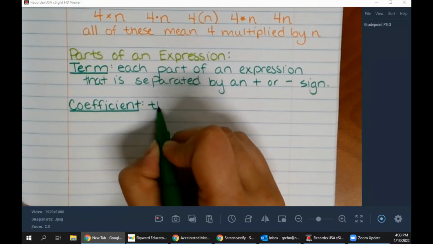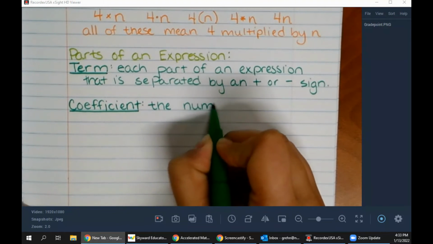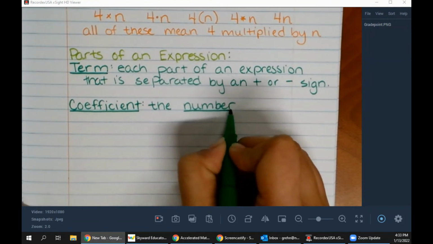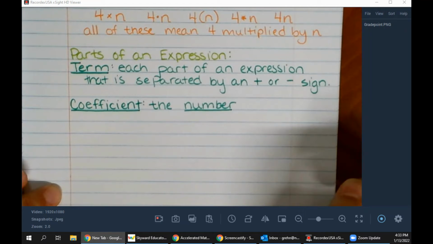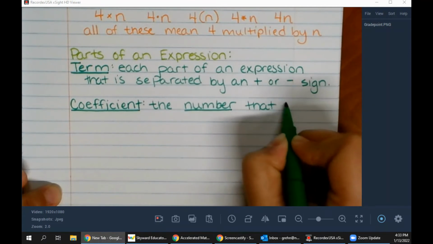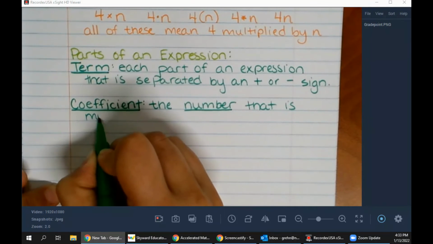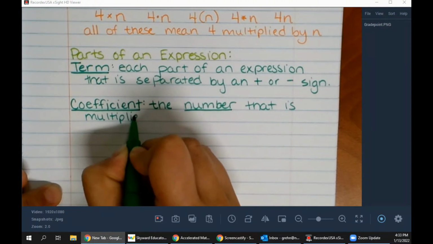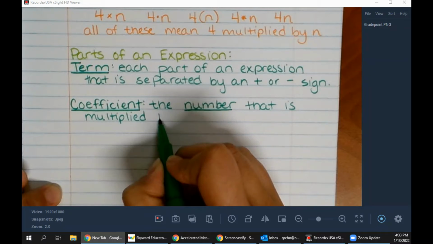So we can say it is the number, and it's important to note that it's the number, not the variable. So the number that is multiplied by the variable.